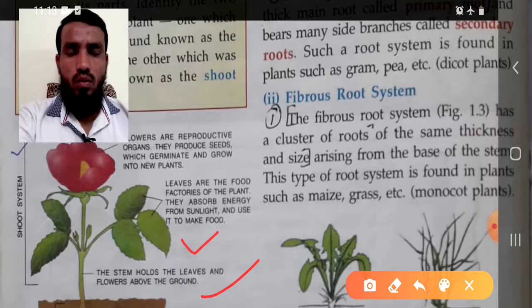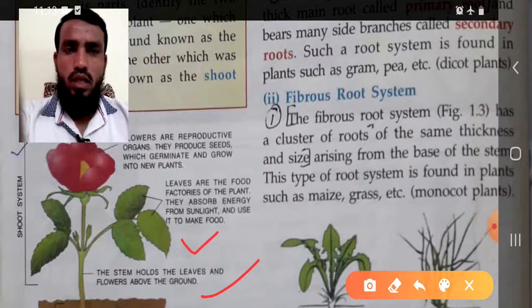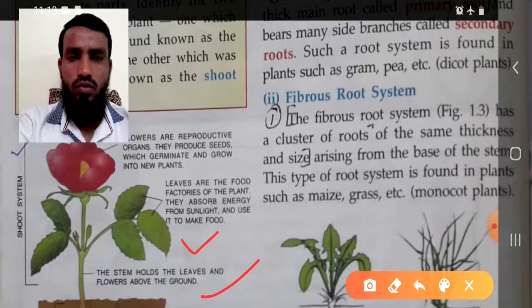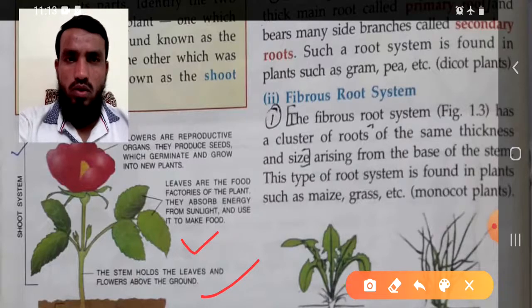Leaves are one of the most important parts, and are also called the food factory of the plant. Why is it called the food factory? Because it absorbs the sunlight and changes it into food, right? It can do this because it has chlorophyll inside, which is why it looks green in color. So it is also called the kitchen of the plant.